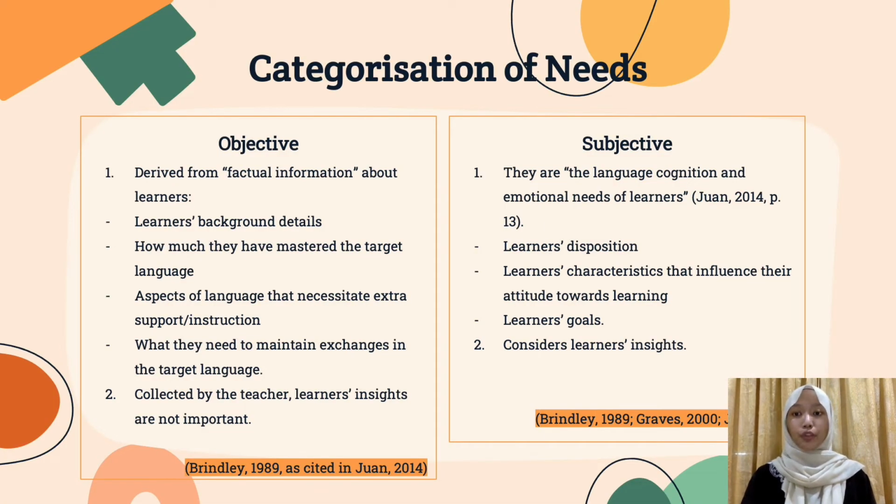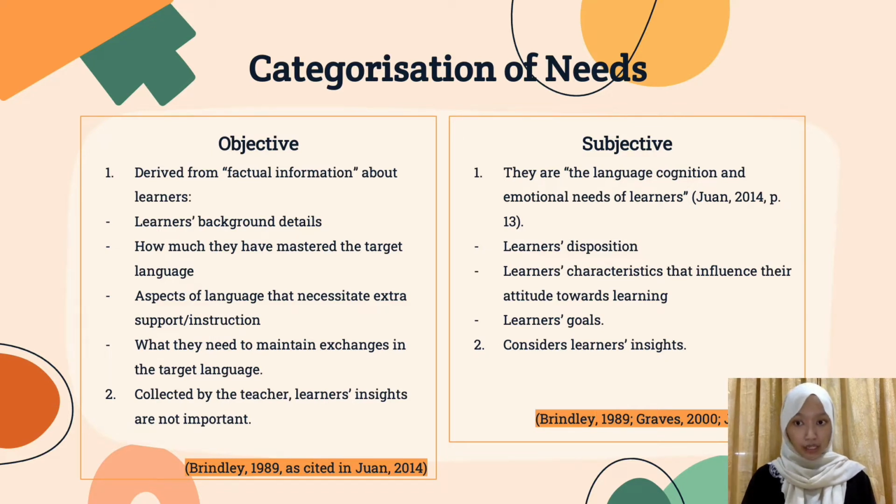Okay, let's move on to the categorization of needs. There are several ways to categorize needs, and one of them is proposed by Brindley and Robinson. Brindley and Robinson suggested that needs can be categorized into objective needs and subjective needs.